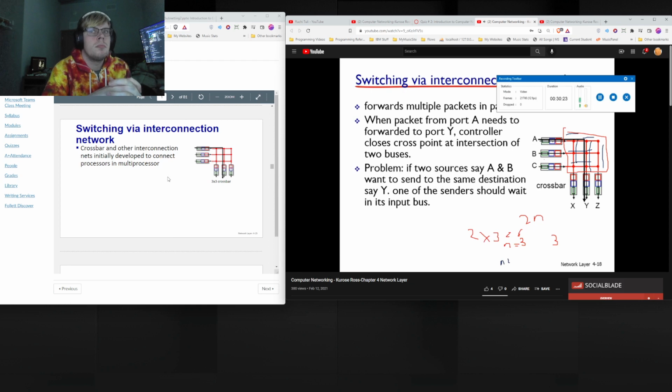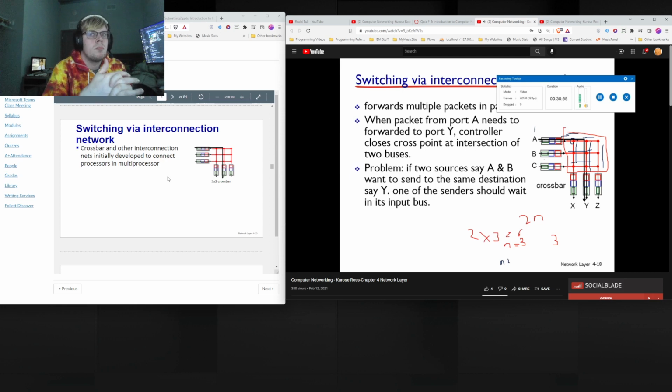For example, if packet 1 arrives and wants to go to X, it will travel on this horizontal bus until it finds the intersection for the desired output. This is the intersection with the vertical bus, which leads to the desired output port. If the vertical bus leading to the output port is free, then the packet is transferred to the output port.